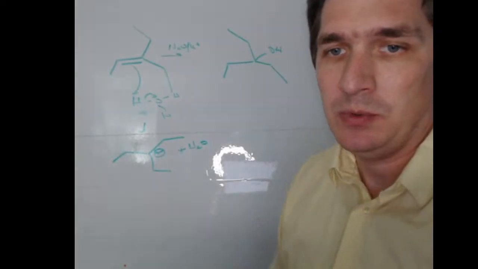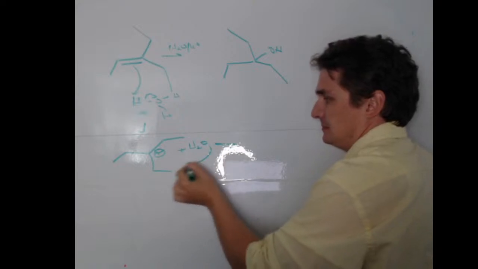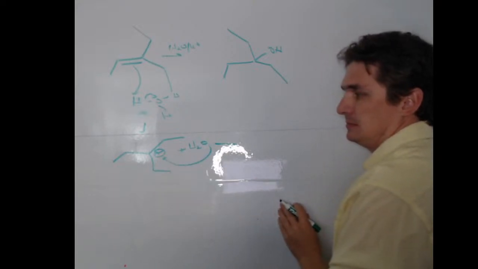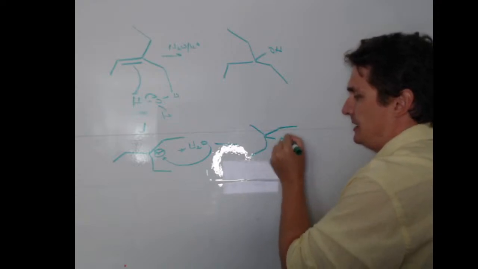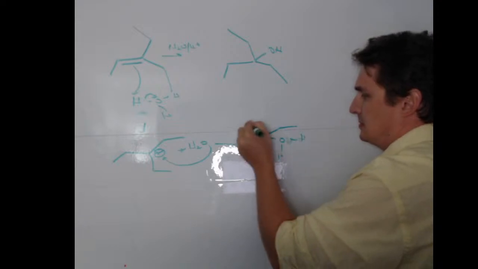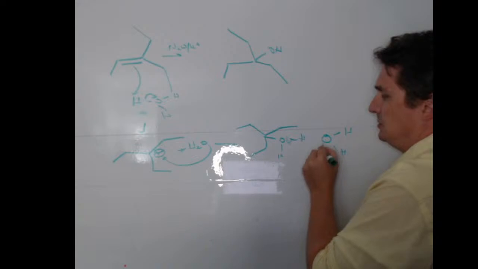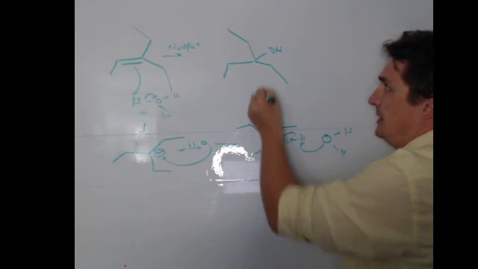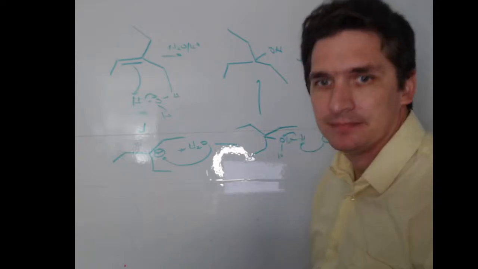The next step, the water is going to attack the carbocation. And so we'll end up with this hydronium complex. And then we'll have another water molecule come by, and what this water molecule will do is extract a hydrogen, and that'll get us back to the alcohol and our starting hydronium ion.